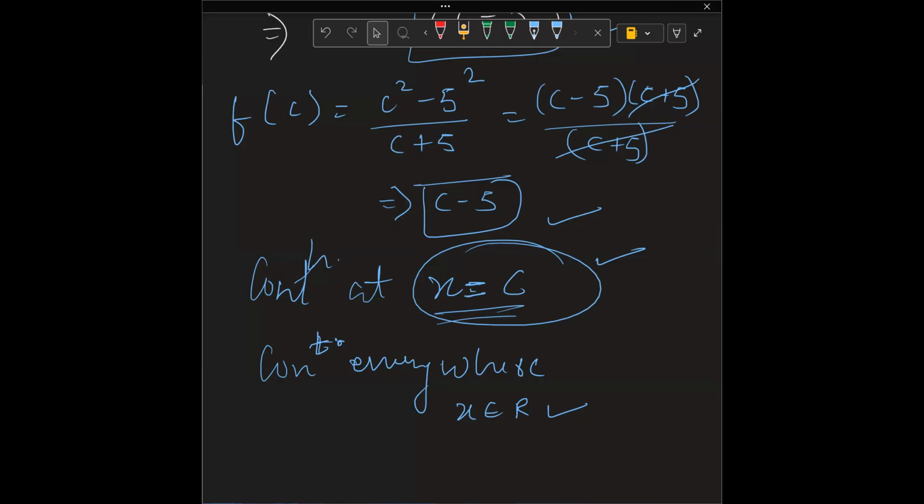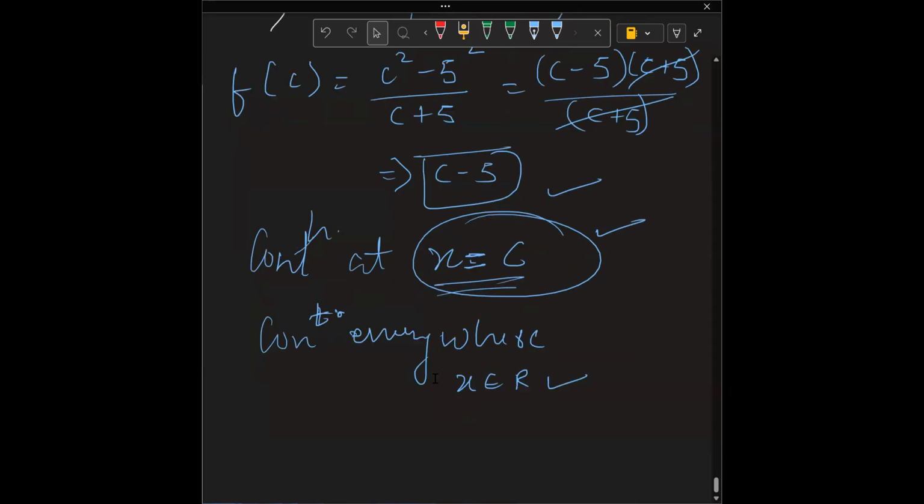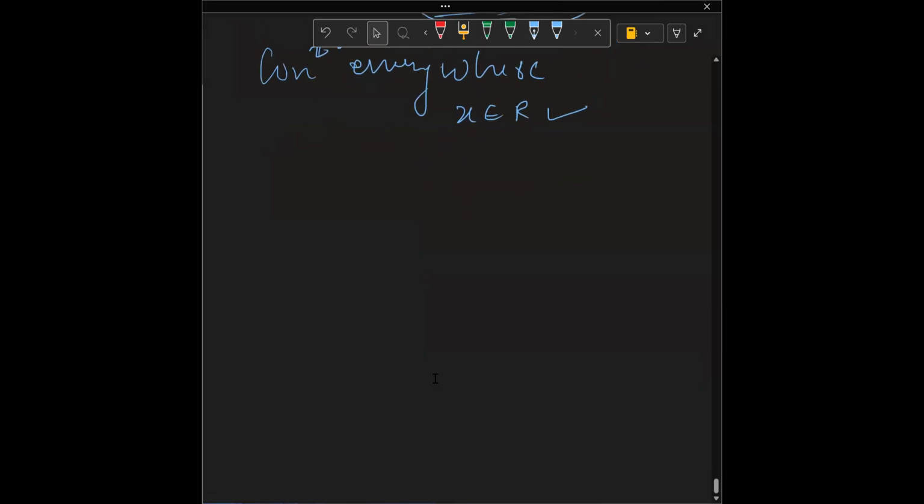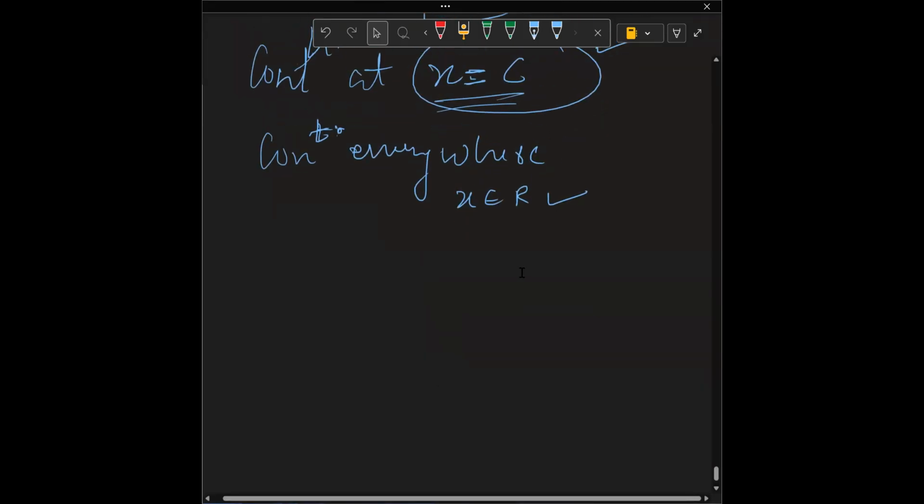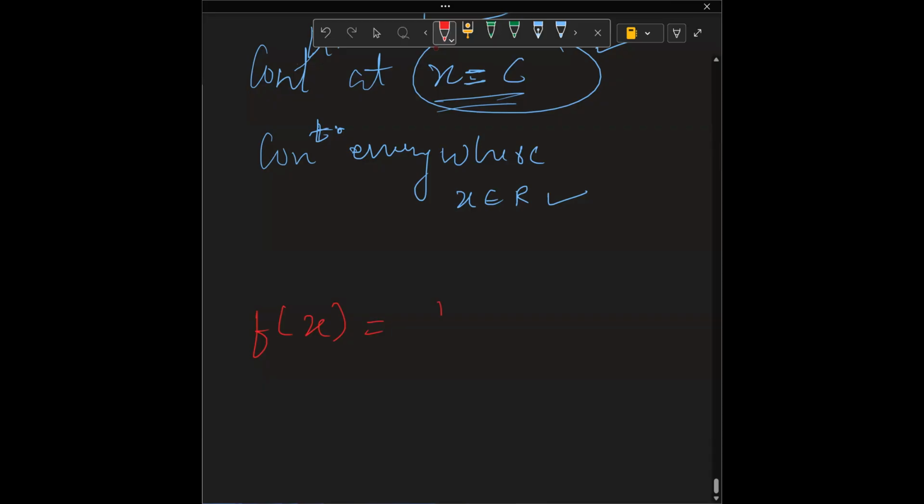Any doubt? कुछ डाउट है इसमें आपको? No, sir. Okay, so you have another question: f(x) is equal to mod of x minus 5.